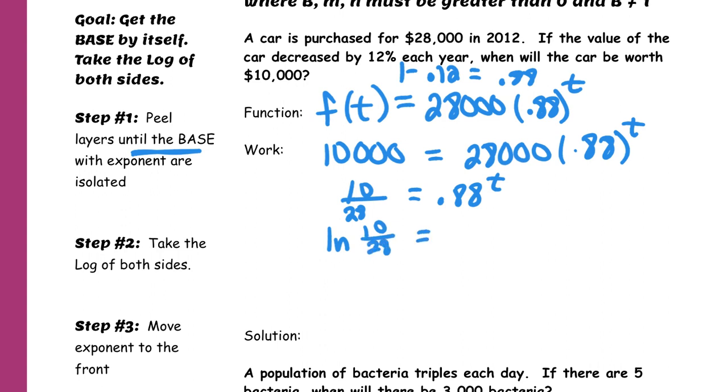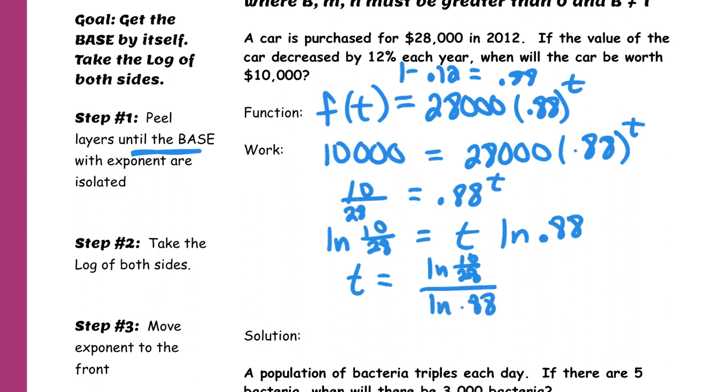And I know this will reduce, but I really don't care. I'm going to bring my power out in front. What do I do to get t by itself? So we're going to do t equals ln of 10 over 28, all over ln 0.88. This is what you have to get it to before you plug it into a calculator.